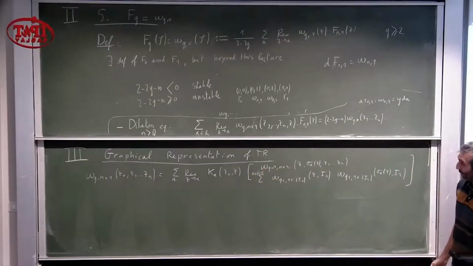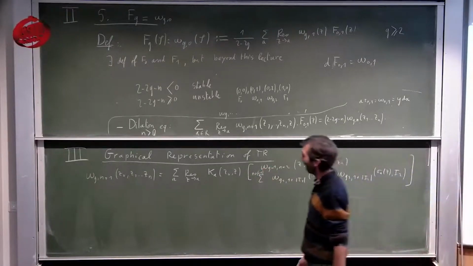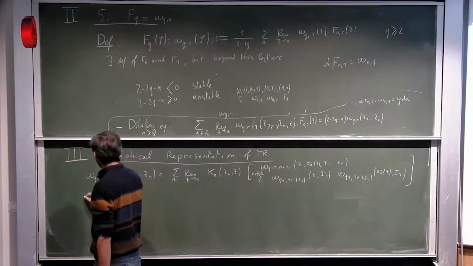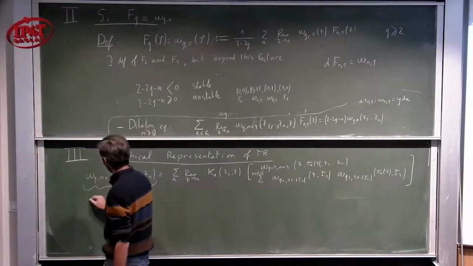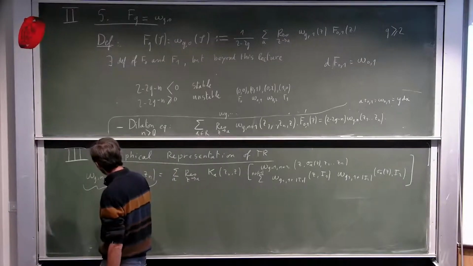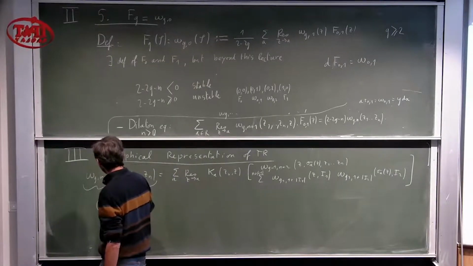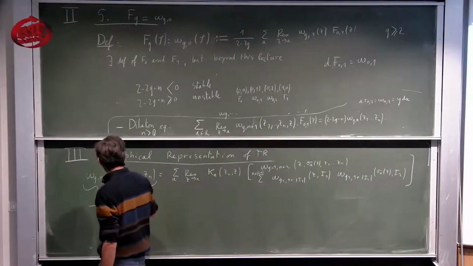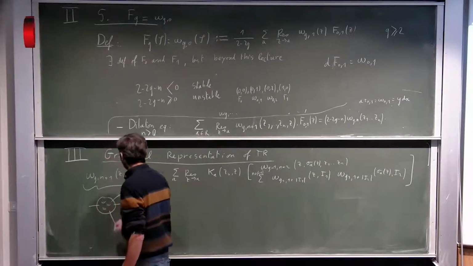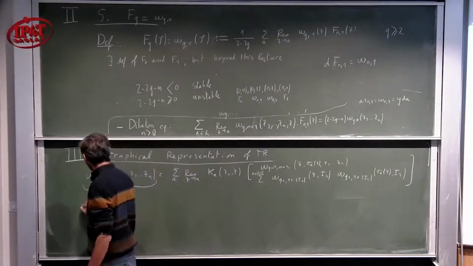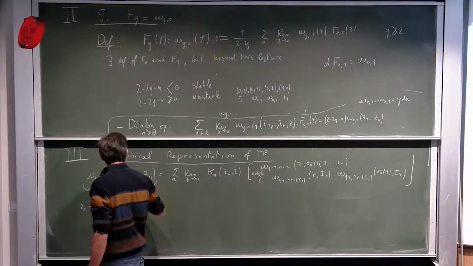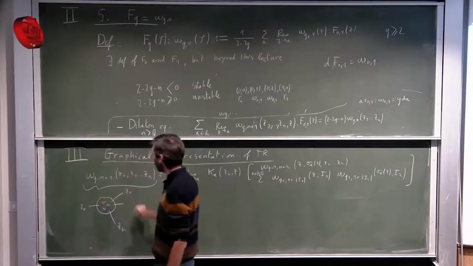So let me represent it graphically. Let me symbolize omega g,n+1 as a kind of blob with g holes and n+1 legs. I put one leg on the left because it's convenient, we put z0 on the left, but in fact it should be symmetric in all legs.